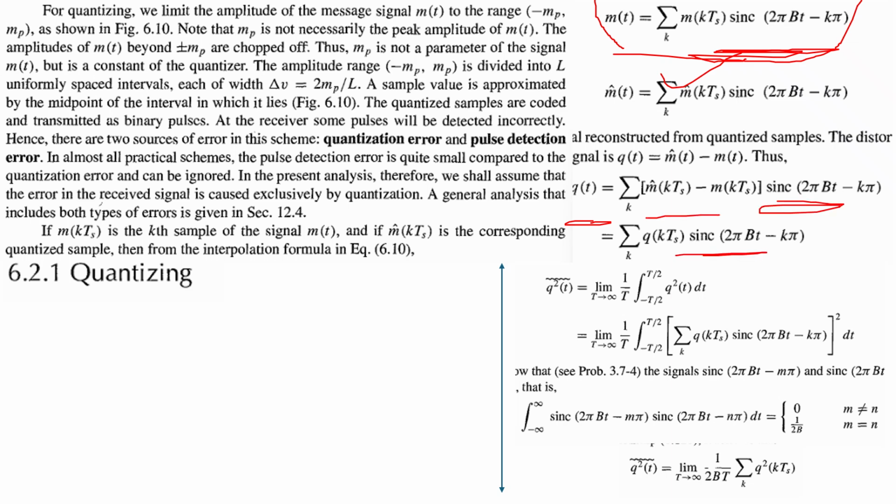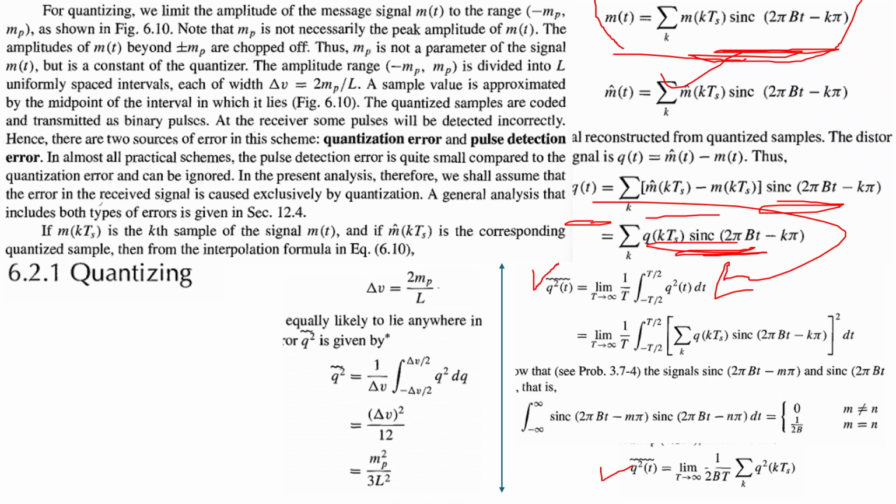Then further, if you multiply, you will get the quantization error. So the quantization error will be the integral from minus T by 2 to T by 2 of q squared dt. You can put this q of t here and then solve it. After solving, you will get q squared equal to this. Finally, you can put in the step size, that is delta v equal to twice p by N, and you will get the quantization error.